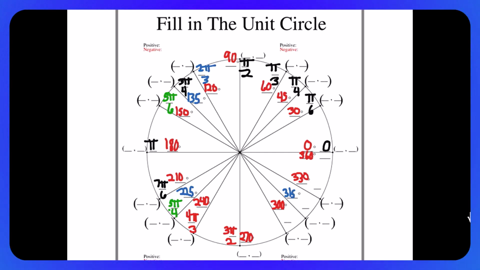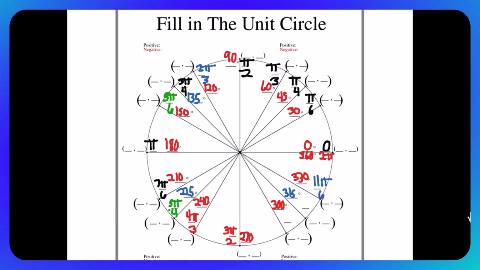Same thing here, one full rotation is 2 pi, so we're taking the radians away from 2 pi as we continue on this one here. So if I take pi over 6 away from 2 pi, that's going to leave me with 11 pi over 6.